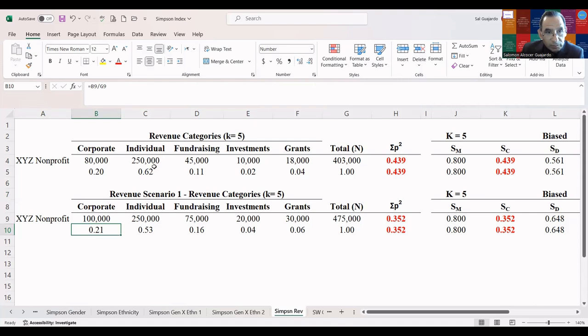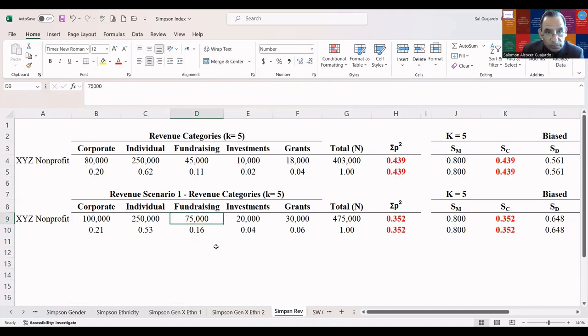If I keep the individual donations stable at 250,000, the percentage actually decreases to 53% because the revenue associated with the other revenue items I increased.